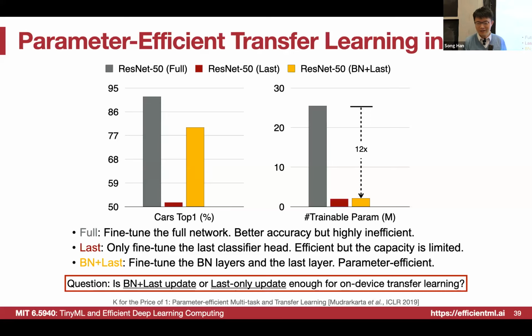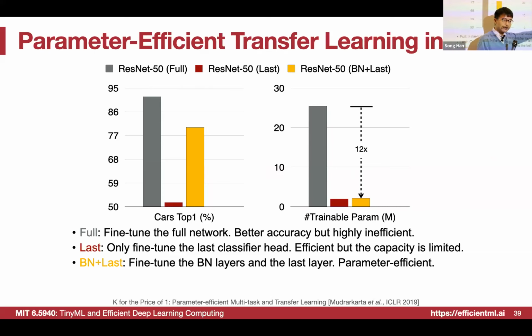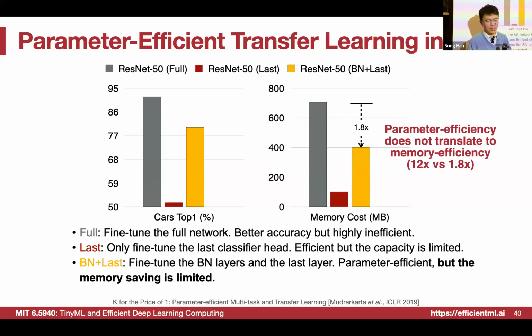However, the batch normalization tuning and also last layer tuning actually is not quite enough for on-device learning, because the parameter efficiency does not translate to the memory efficiency. As shown in this figure, the number of trainable parameters is reduced by 12x, but the actual training memory is only improved by like 80%.